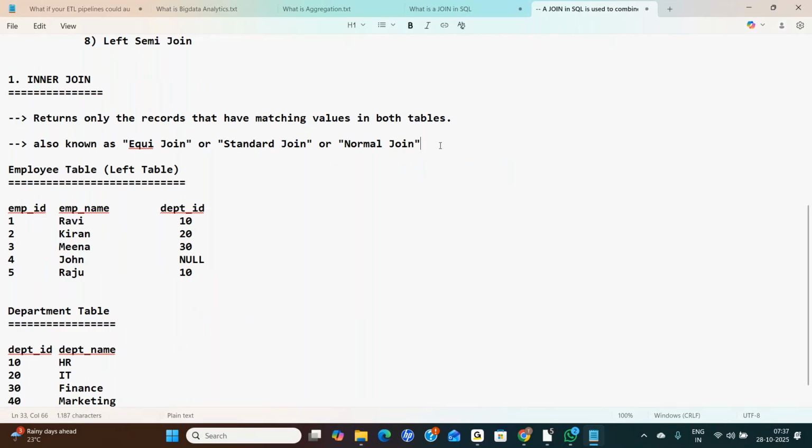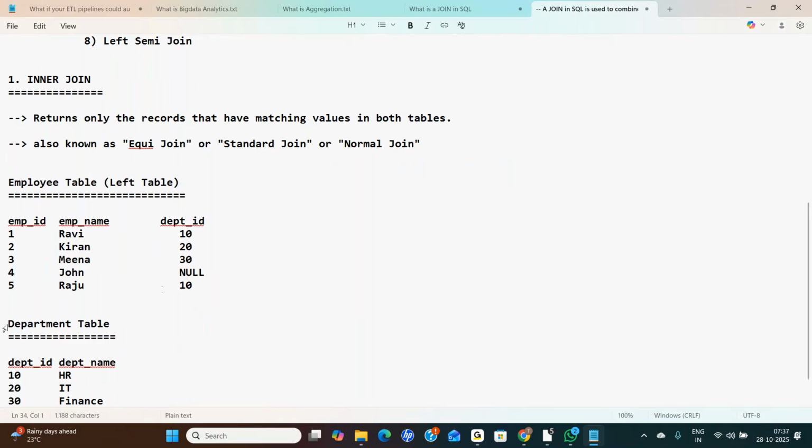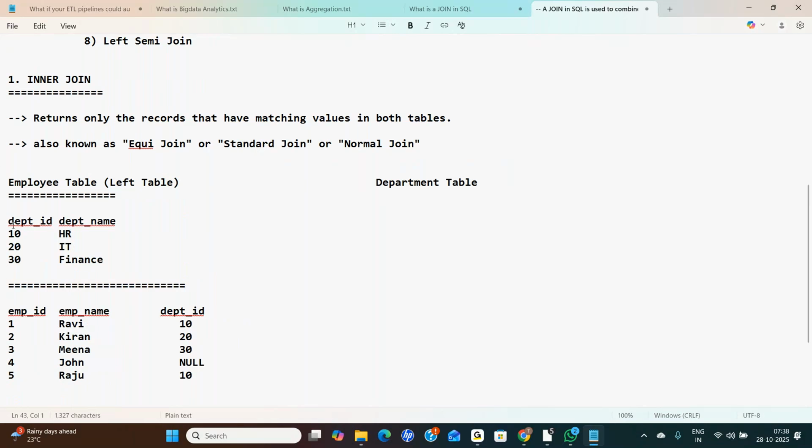Once you understand the joins process, most of the questions you can answer in an interview. That's what I personally feel, rather than just memorizing for the interview.